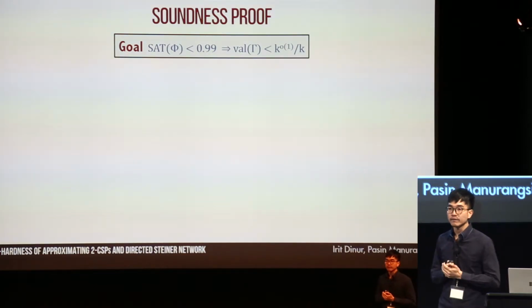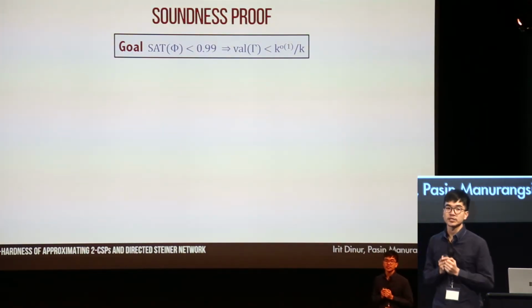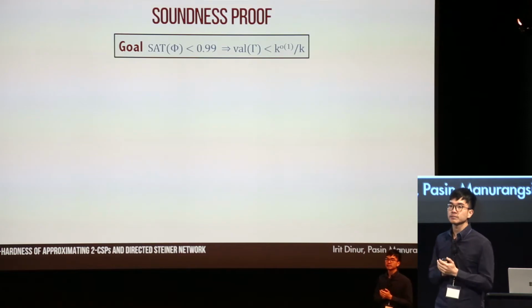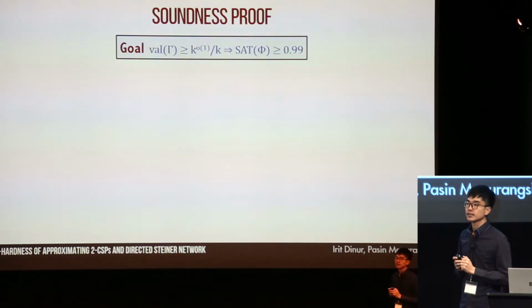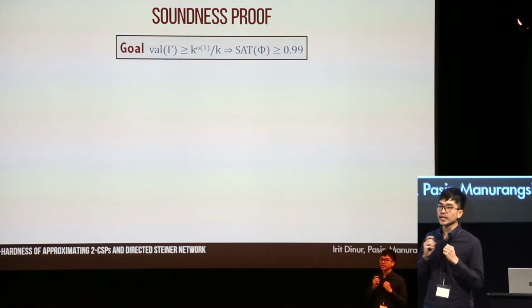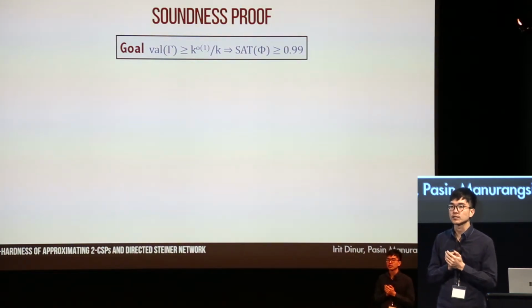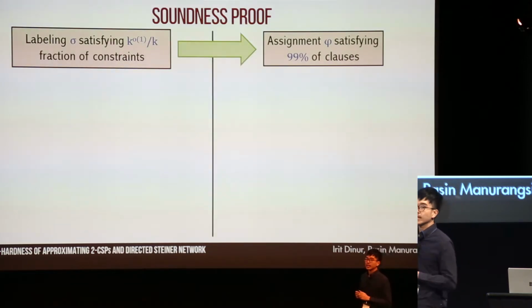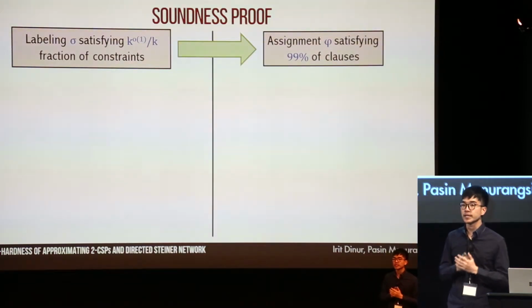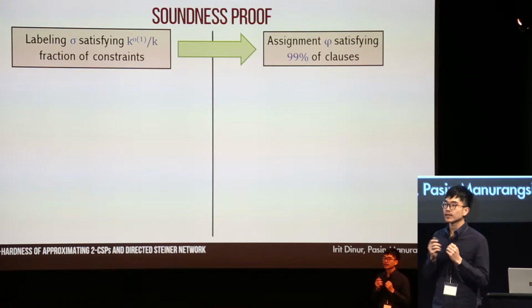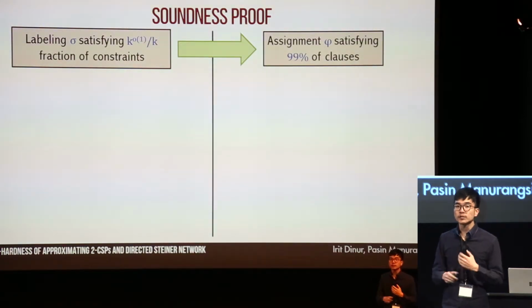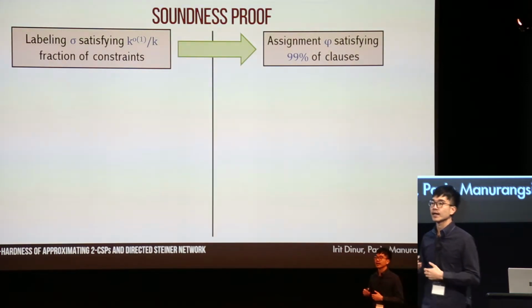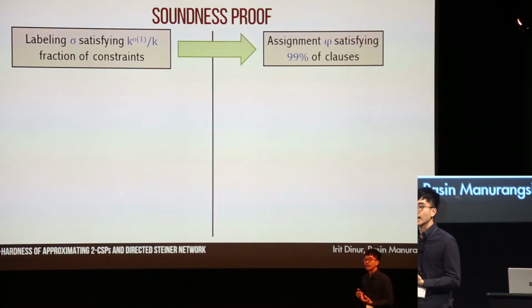We want to show that if the 3CNF formula is not 99% satisfiable, then the 2-CSP instance has very, very small value. So let's try to prove the contrapositive here. What does it mean to prove the contrapositive? It means that if we have a labeling of our 2-CSP instance that satisfies at least k to the minus 1 over k fraction of the constraints, we want to somehow get back an assignment to our 3-SAT formula that satisfies at least 99% of the clauses.